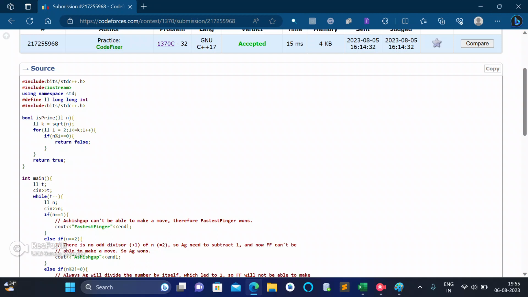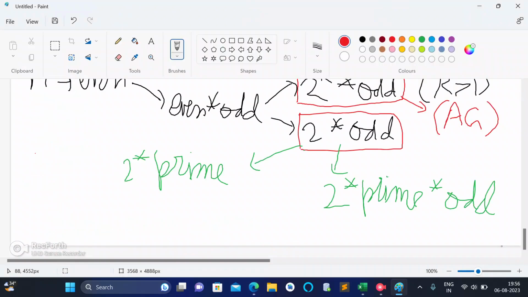Here k is my square root of n. You will check whether n is divisible by i, where i is from 2 to square root of n. If n is divisible by i, it means there are factors of n except 1 and n. So you will return false, else you will return true. In this way you can check whether the number is prime or not.